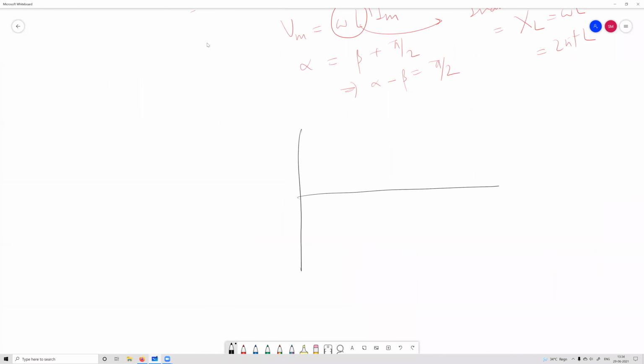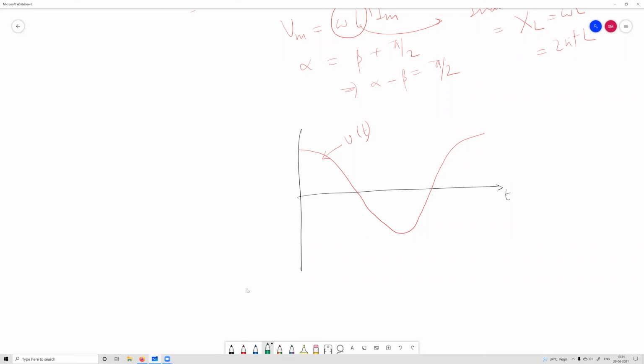Suppose these are my coordinate axes. This is my time. I am plotting the voltage in red. This is my voltage, this is my Vt. Okay, in red. So how will current look like? Current is lagging the voltage by an angle of pi by 2. What does this mean?